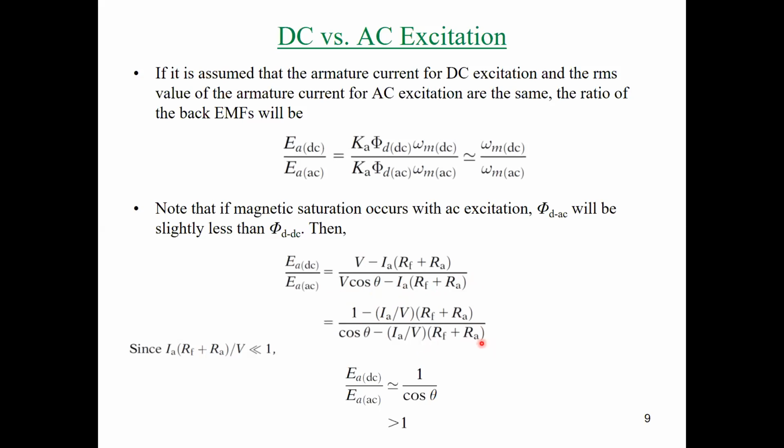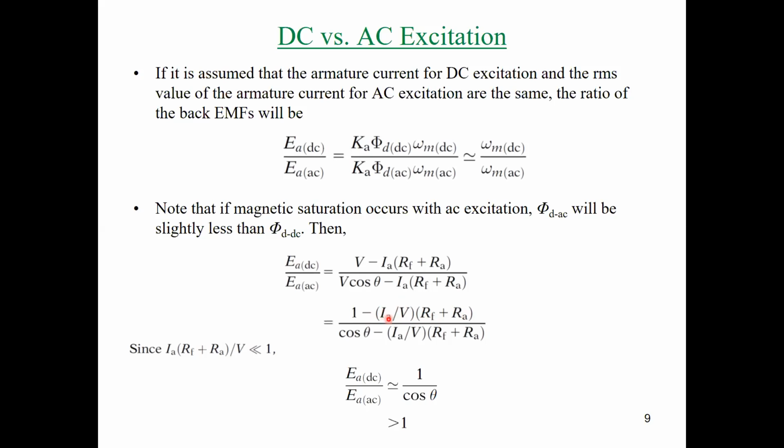Comparing numerator and denominator, this part can be considered very small because it represents the voltage drop on the resistance in per unit. If you have a current of, for example, 1 ampere, a total resistance of 10 ohms, and a voltage of 500 volts, you will have a value here of 10 divided by 500, which is very small.